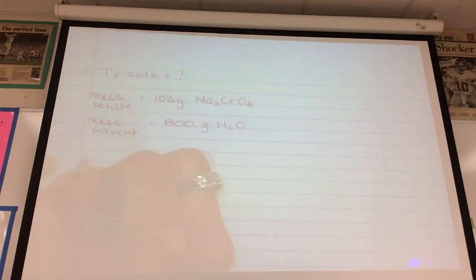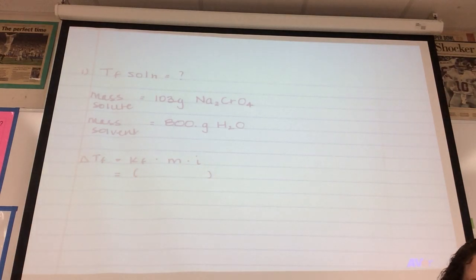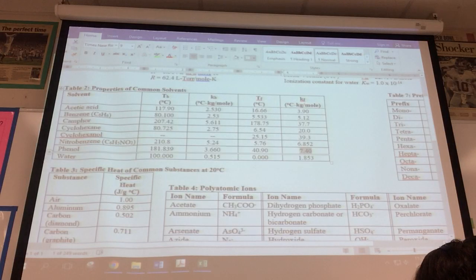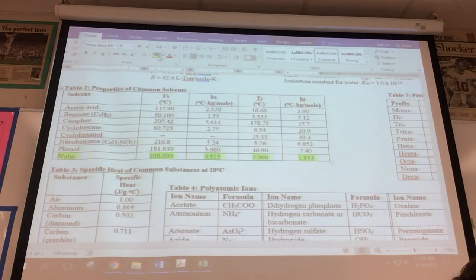We know that delta TF is equal to KF times the molality times I. What should we do? What's our solvent? Water. So I'm going to look at water. What's our KF for water? 1.853 degrees Celsius. I'm going to do it per molal. I think you'll find it to be easier.